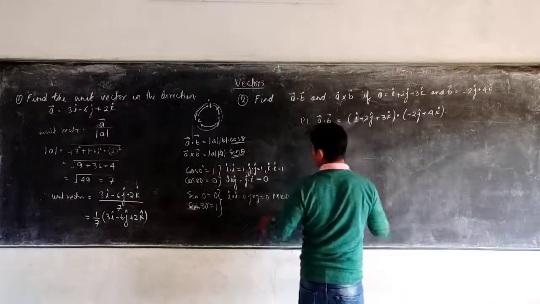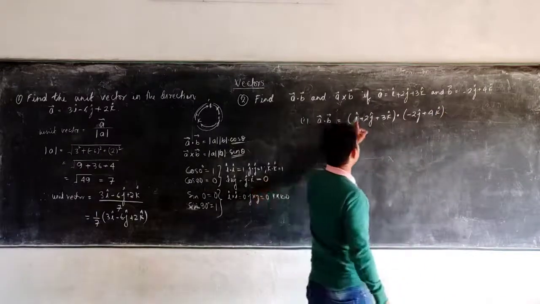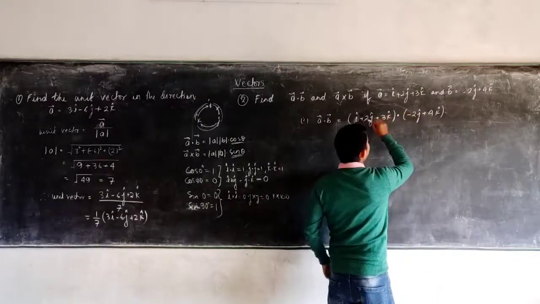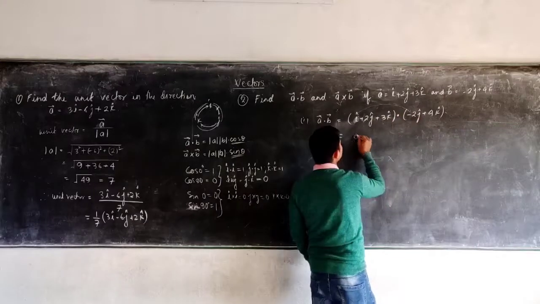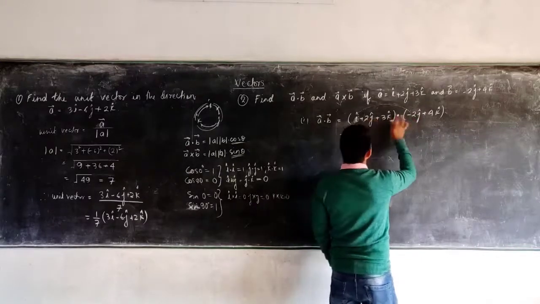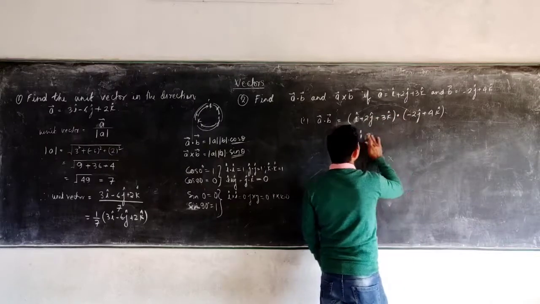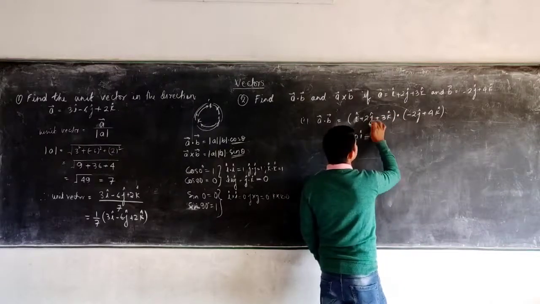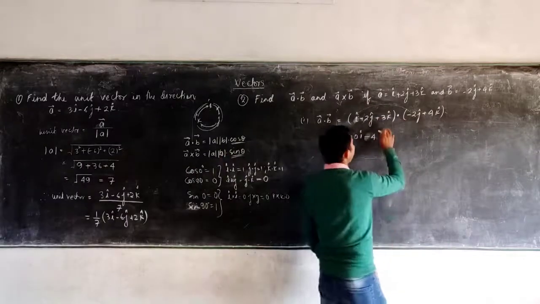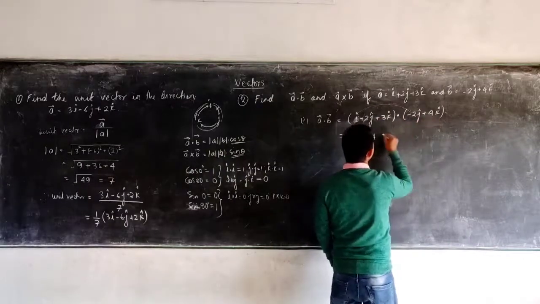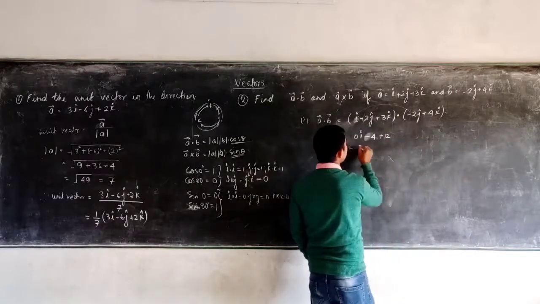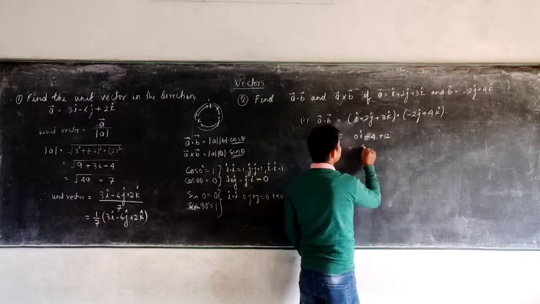As stated earlier, you need not multiply i with j or i with k. Simply multiply i with i. Here I do not have any i, so it gives me 0 i cap. Plus, now I will multiply j with j. So 2 times minus 2 is minus 4, and j dot j is 1. Similarly, I will multiply 3 times 4, which is 12, so it gives me 12, and k dot k is 1. So simply this will give me minus 4 plus 12, which is 8.